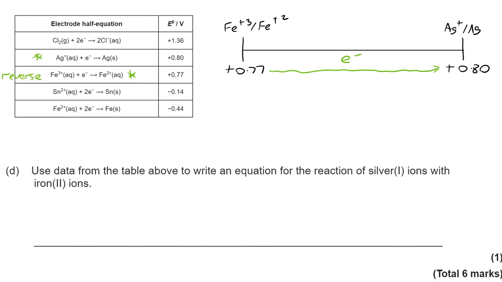We're going to reverse it. We always reverse the one on the left. Now the next thing I've got to do is combine those half equations. To do that, I've got to make sure the electrons are balanced. And in this case, I have an electron on the left and an electron on the right after reversal. So I don't need to do any multiplication of half cells, and that allows me to build this equation.